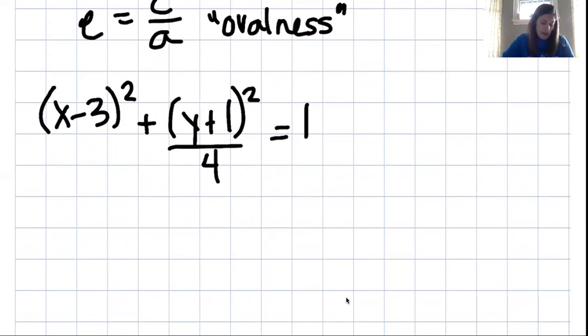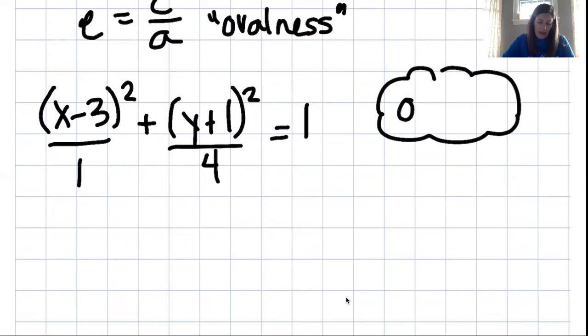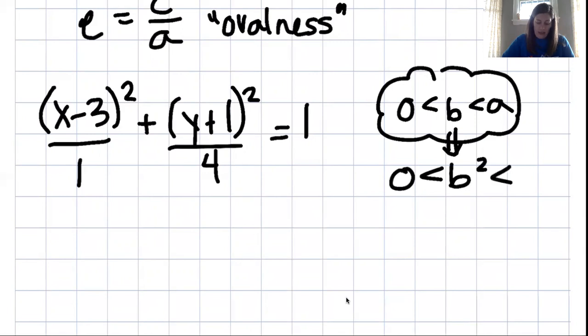Well, this x minus 3 quantity squared is really over 1. And then remember that 0 is less than b, which is less than a. So a squared, you can also then say that 0 is less than b squared is less than a squared. So a squared is always the bigger number. So I'm going to go ahead and label this.